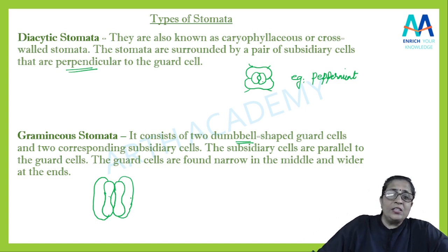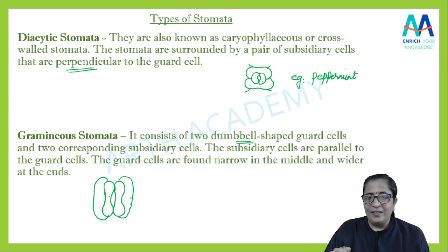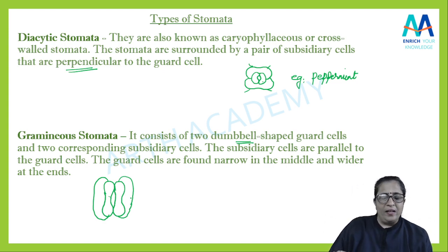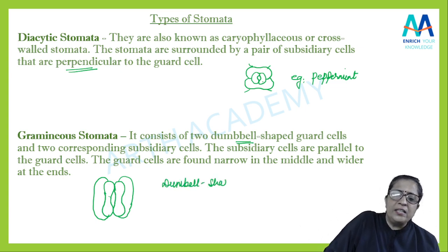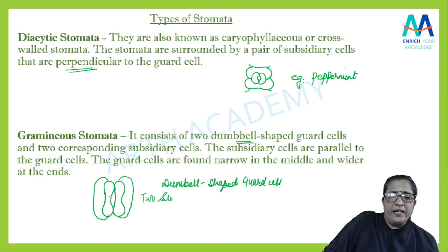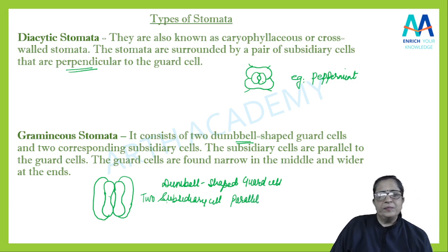Got it? So this type of stomata is called the graminaceous stomata. The subsidiary cells are parallel, guard cells are dumbbell shaped, where the two subsidiary cells are parallel to guard cells. Got it?